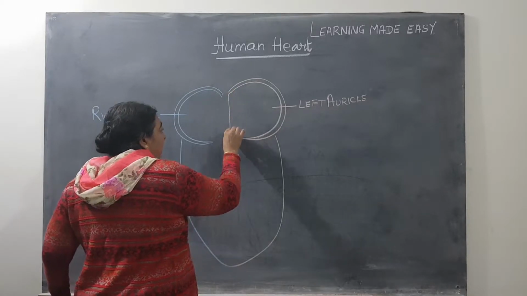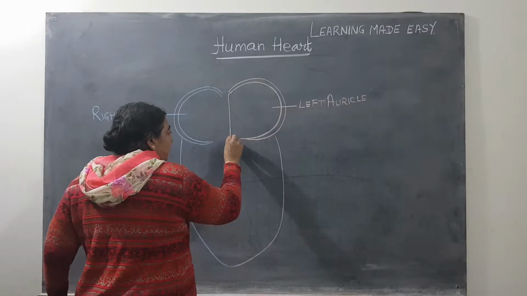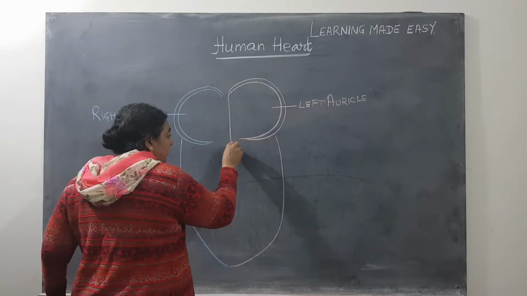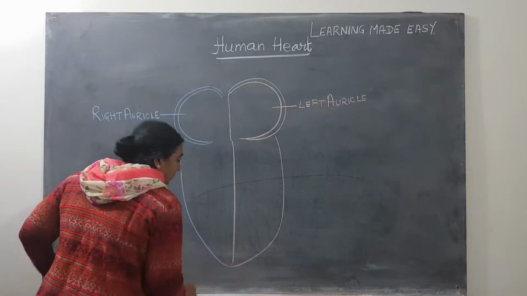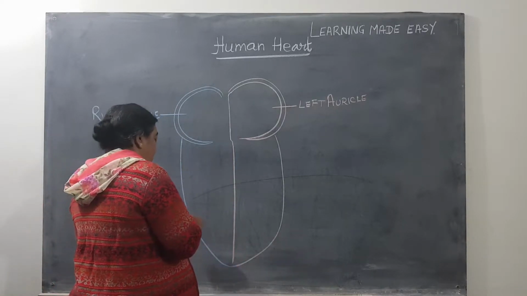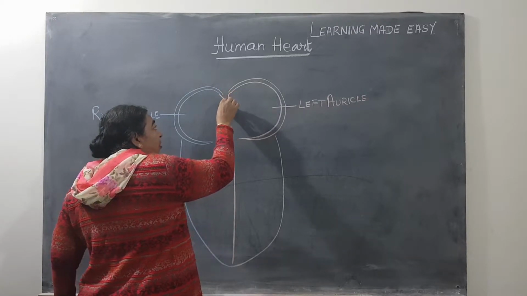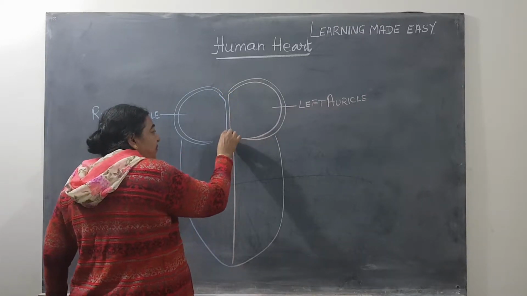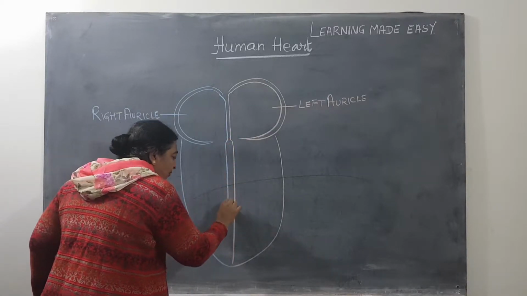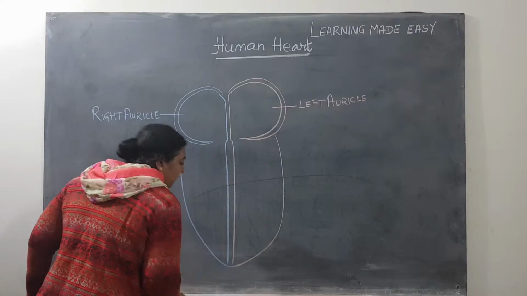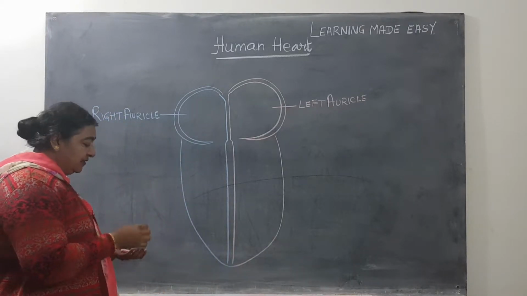A simple thin septum separates the auricles, normally called the interauricular septum. While on the other hand, we have the ventricles, which are separated by another septum called the interventricular septum.